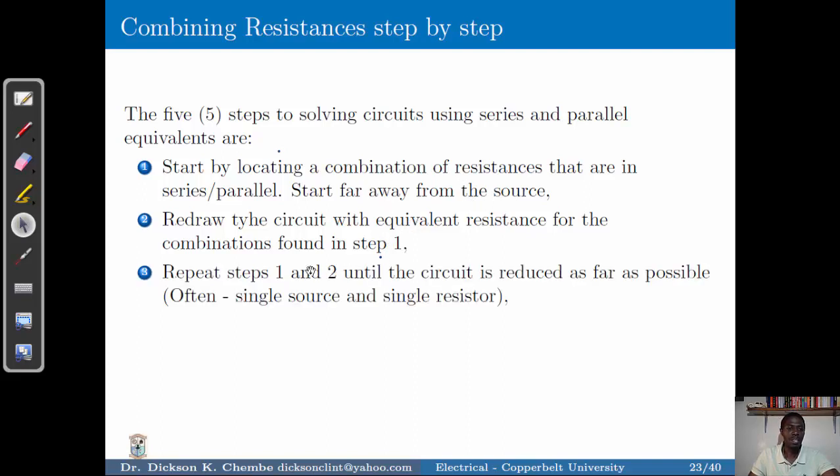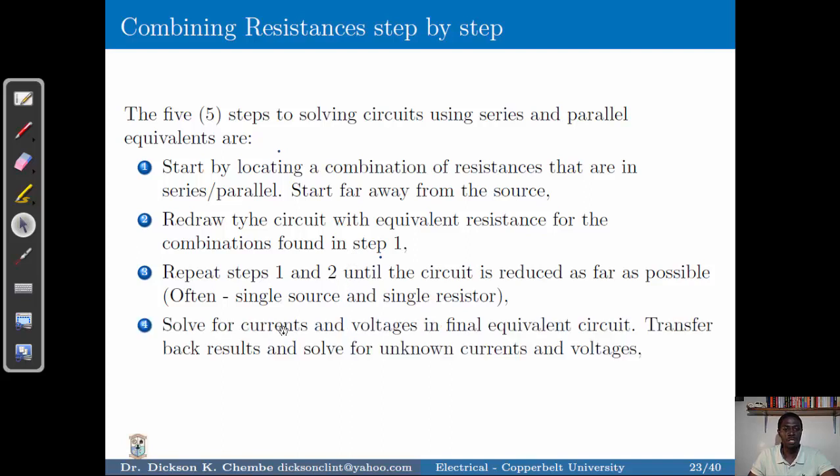And thereafter, you repeat steps 1 and 2 until you reduce the circuit to a single source and a single resistor, after which you can solve for the currents and voltages in the final circuit. And then you transfer these results back into the circuit.